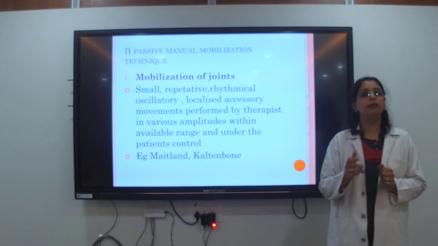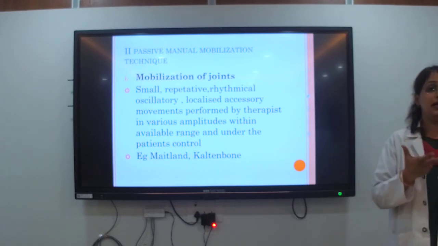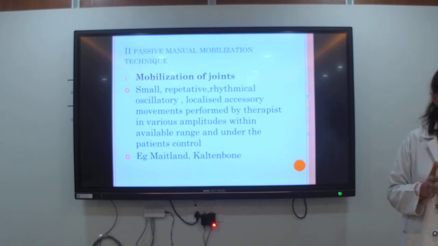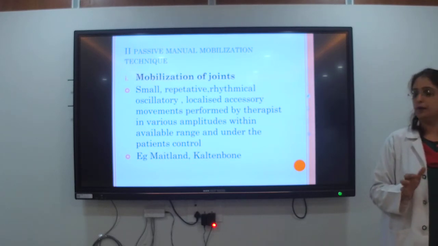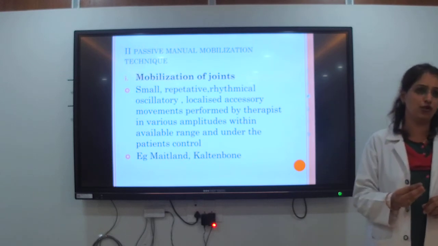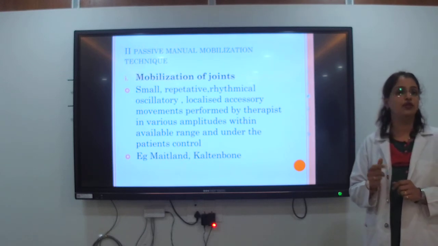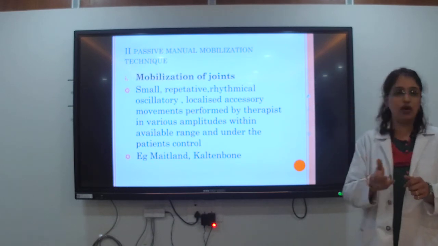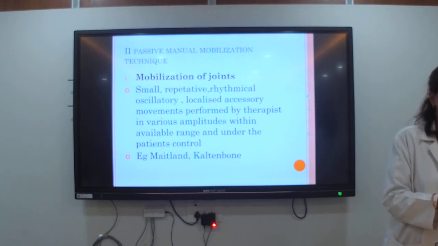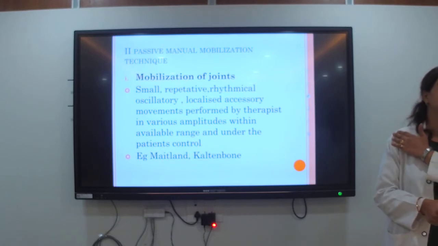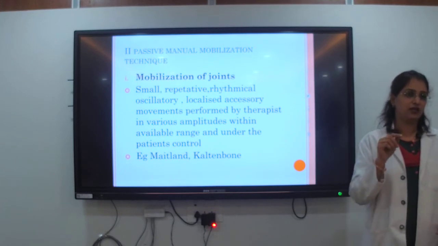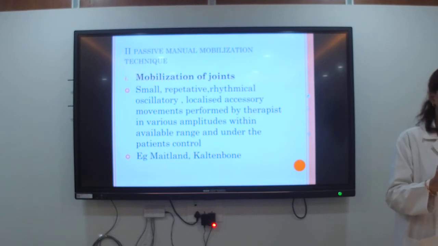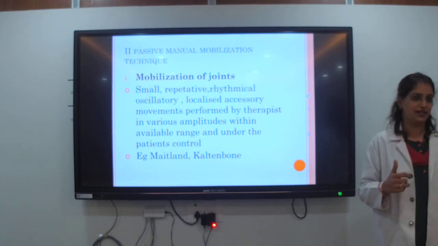For example, Maitland joint mobilization, Mulligan joint mobilization, or Kaltenborn mobilization. Suppose the patient has a frozen shoulder; in that patient you have to give mobilization of the joint. You give small rhythmic and oscillatory movements to that particular joint, which are called glides, so you perform anterior, posterior, upward and downward glides.